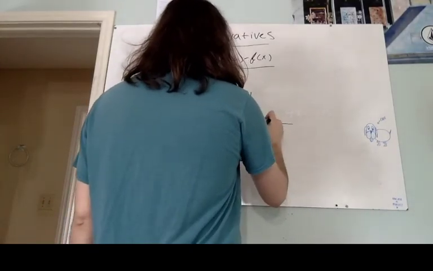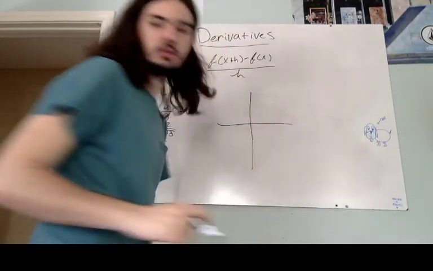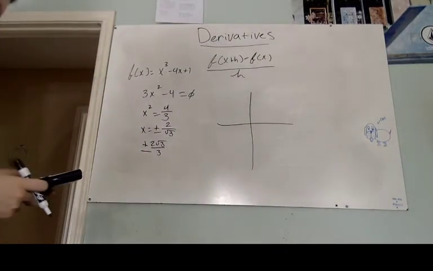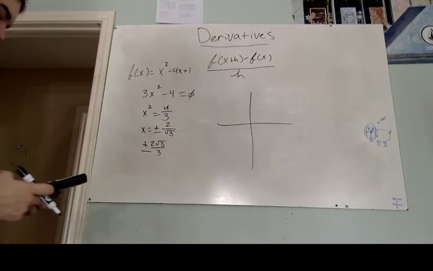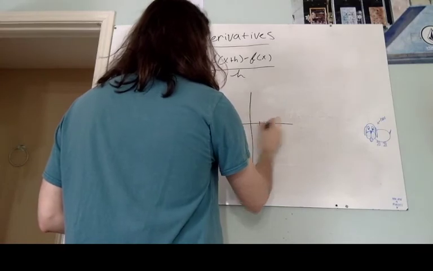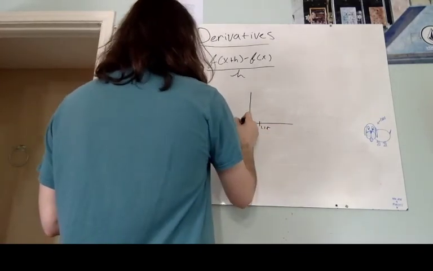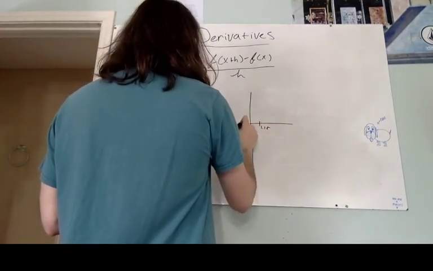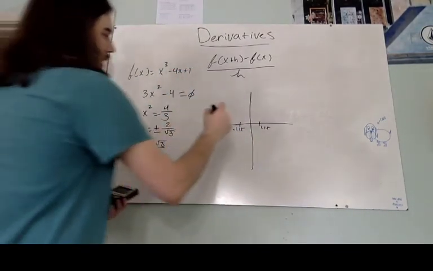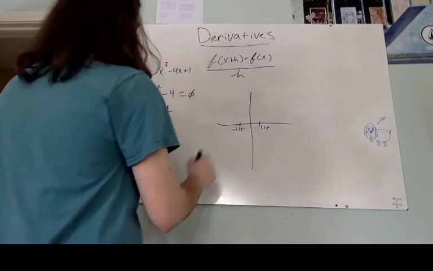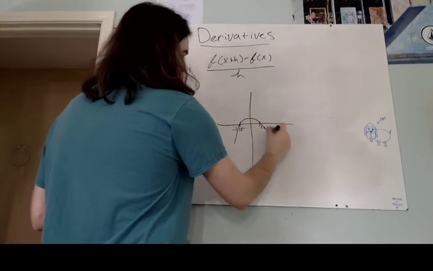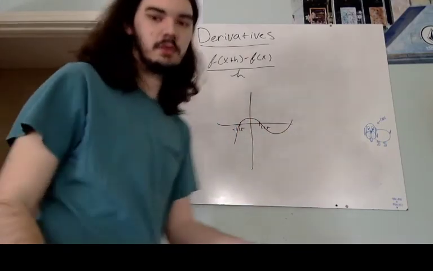So we're going to have something like that. 2 root 3 over 3 is something like 1.15, and then negative 1.15. I'm roughly speculating here, but it seems like we're going to have something sort of to that effect. Oh no, that's not right.